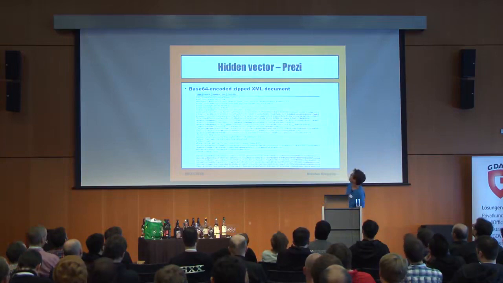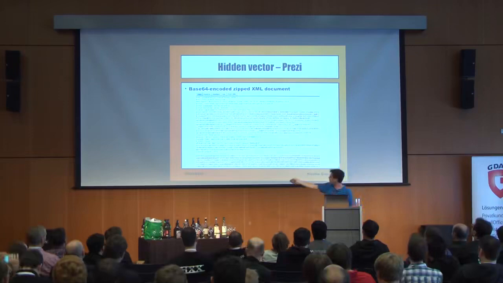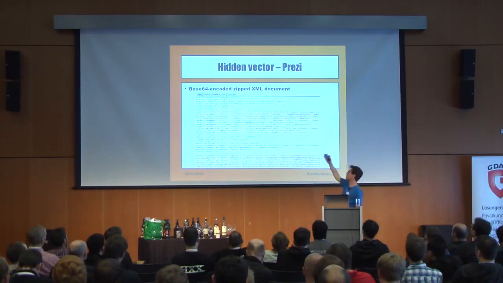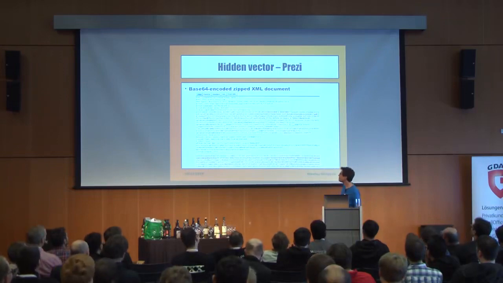When you save your presentation, you are sending a POST request with a very large blob of data, so you can see the size here, and the parameter name is b64_zip_xml_content. So I was thinking, maybe it's some XML documents zipped and encoded in base64.